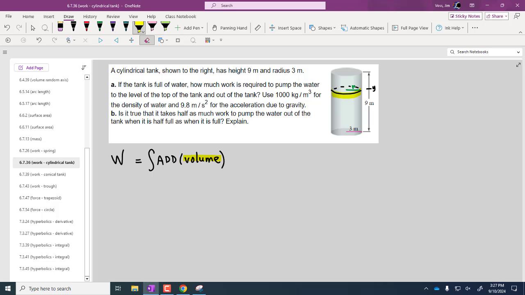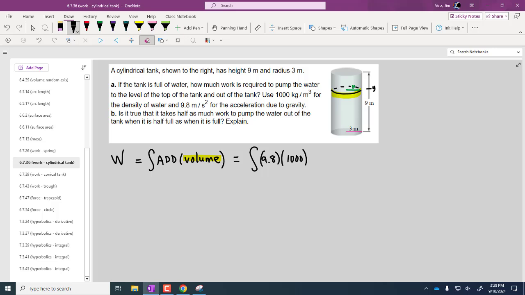It's a hockey puck. So here, acceleration, 9.8, using the metric system. Density of water is 1,000 kg per meter cubed, so AD. And then that next D, think of it as distance to where you're pumping it out, or the depth from the top of the tank.